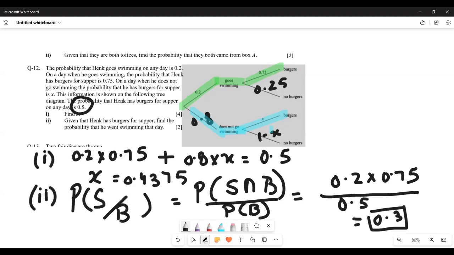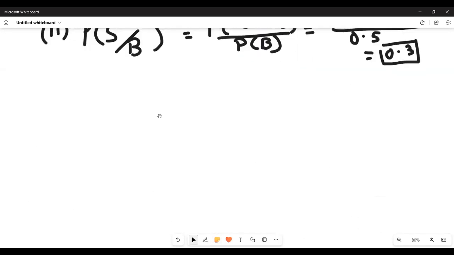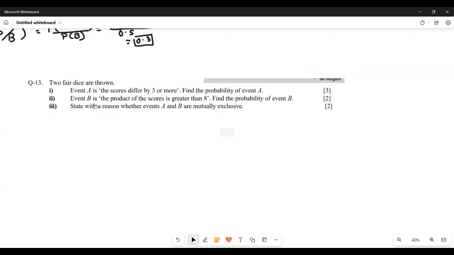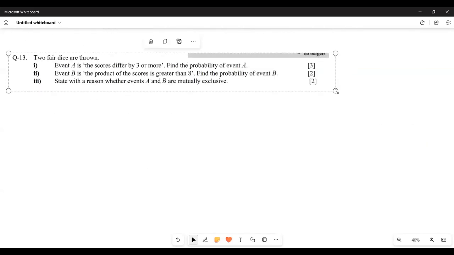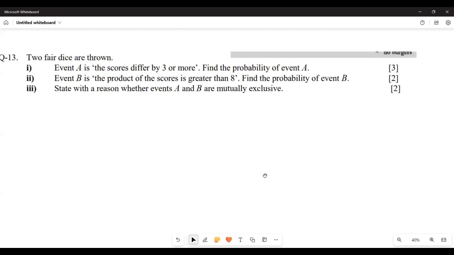Question 13. Okay. 2 fair dice are thrown.